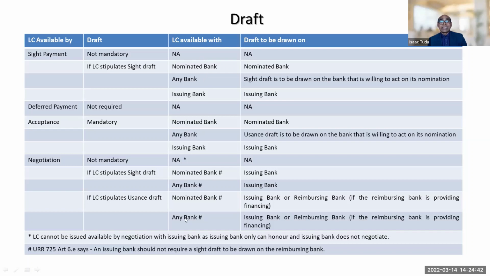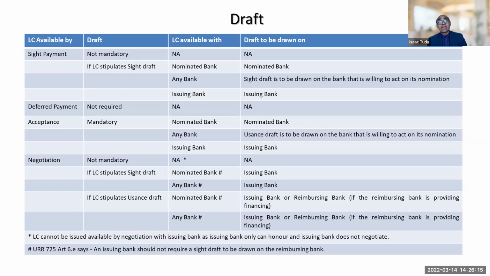Likewise, if LC is available with any bank, the same thing, the draft will be drawn on the issuing bank or maybe on the reimbursing bank. And please note, as per URR 725, Article 6E, an issuing bank should not require a sight draft to be drawn on the reimbursing bank. So this was the total synopsis of draft to be drawn on whom.